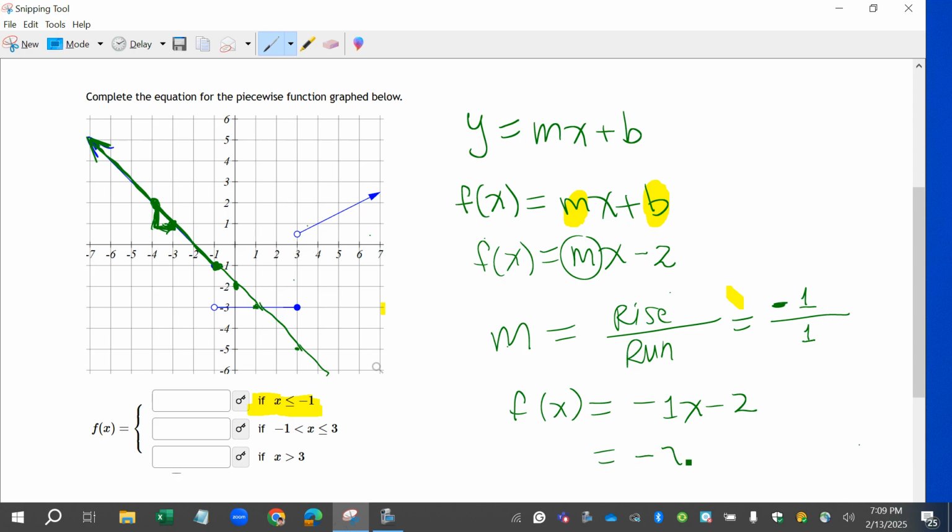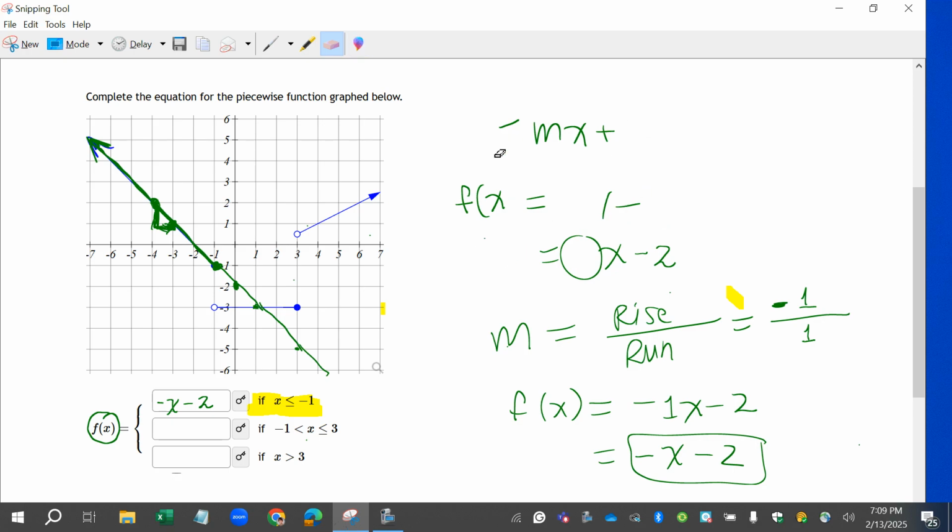We would just say -x minus 2. Okay, so that will be the answer in the first answer box, right? Because you see the f of x equals is already out there, so I'm just filling in the right side of my function equation that I just did, okay?